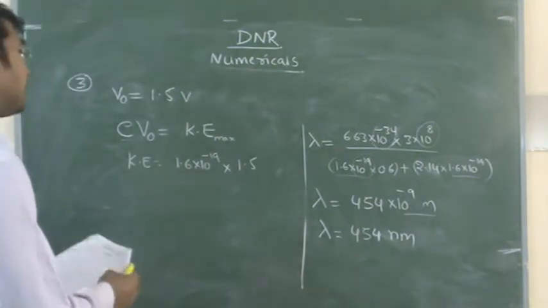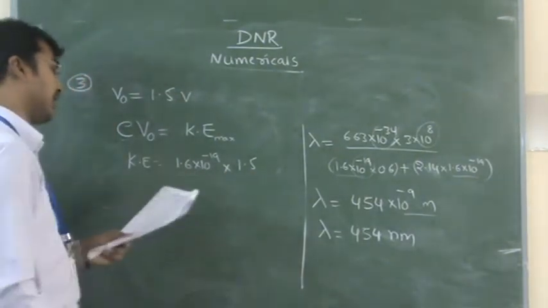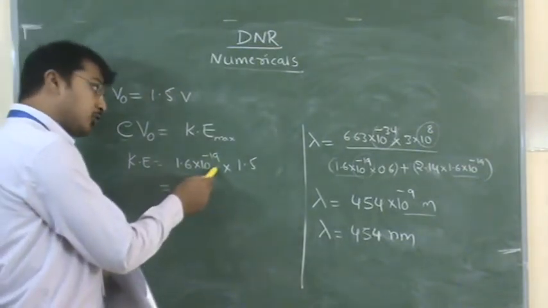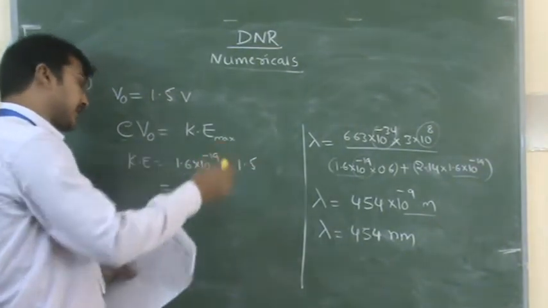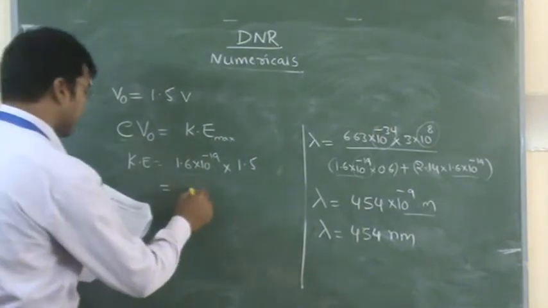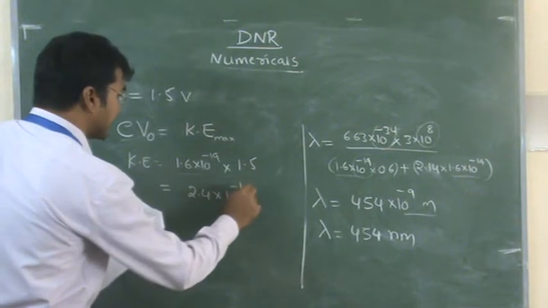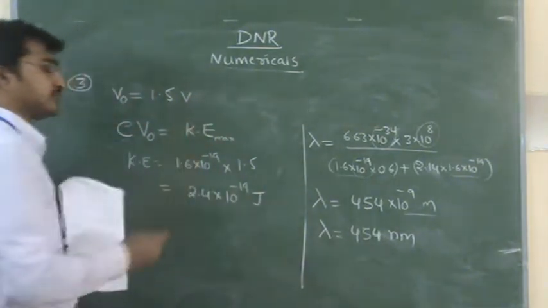By substituting the e value and the V value, you will get the kinetic energy. Because here we are taking coulombs, an SI unit, and volt is also an SI unit, you will get the answer: 2.4 into 10 to the power of minus 19 joules.